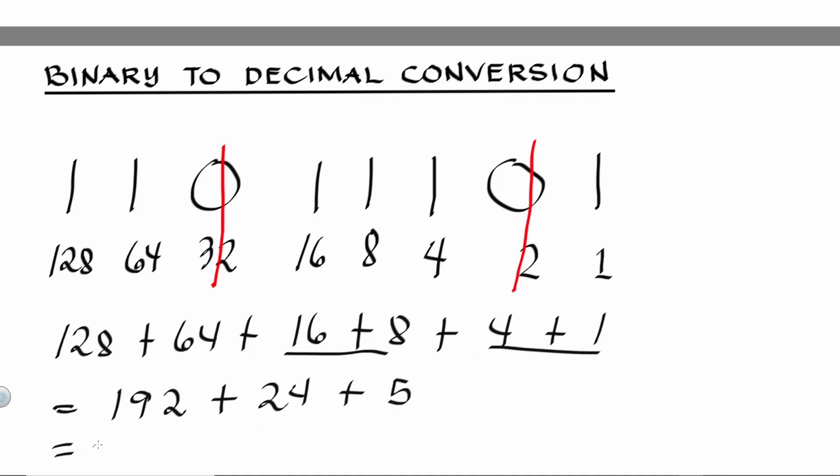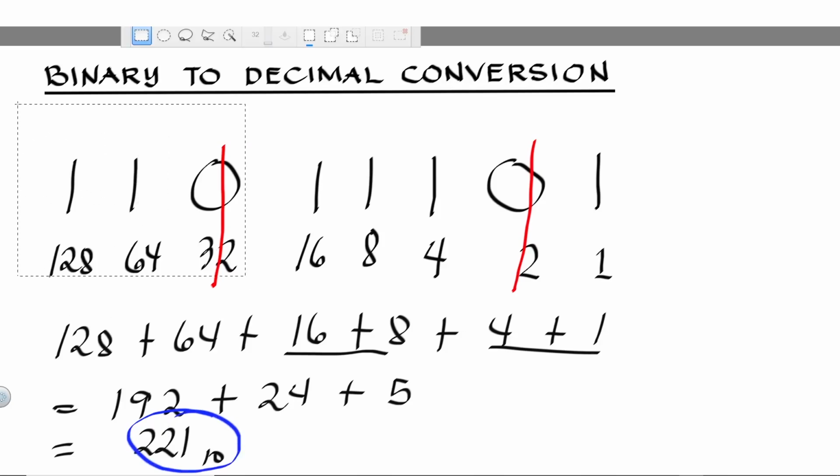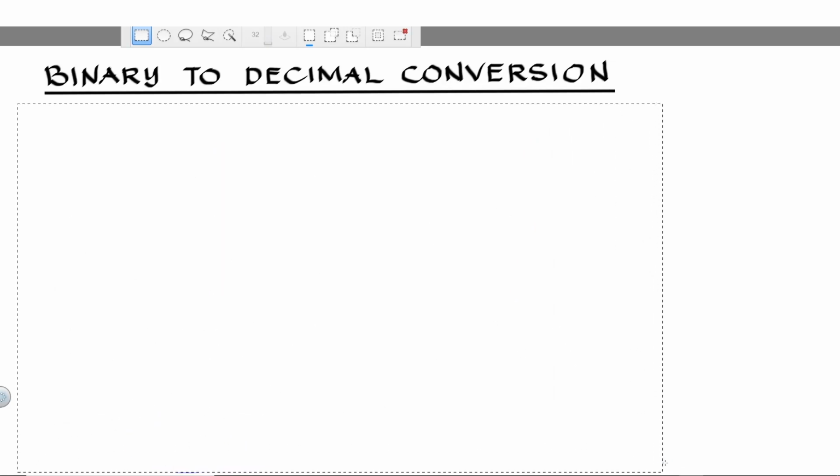So 192 plus 24 is equal to 216 plus 5 is equal to 221. And again, we still get the same answer, which is 221 decimal. Easy, right?